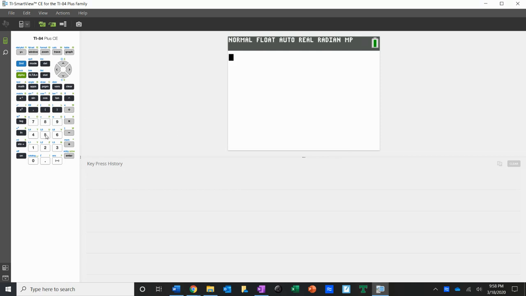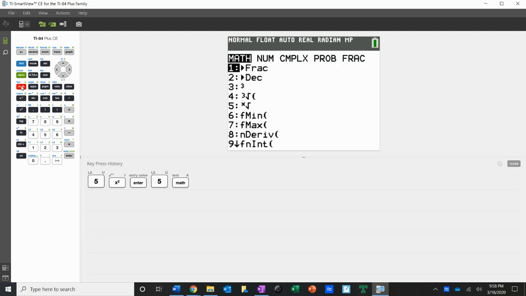Okay, so if we go ahead and enter 5 as our base, there is a default button here for the square key. So you can put 5 squared right there and press enter, and that's going to go ahead and simplify it for you. Now, if you wanted to go to 5 cubed, there's a couple ways to do that. You go ahead and enter your base as 5, press your math button on there, that's right underneath your alpha key.